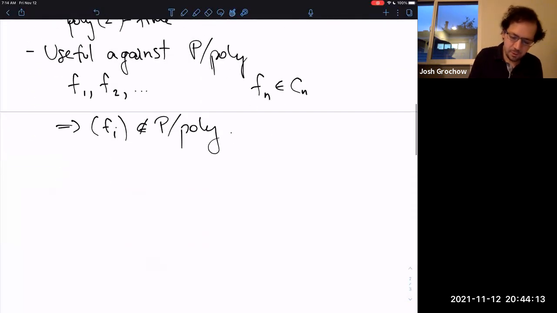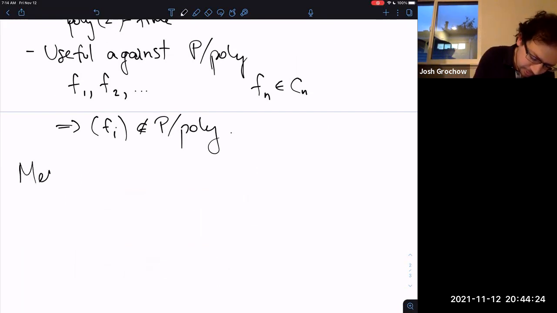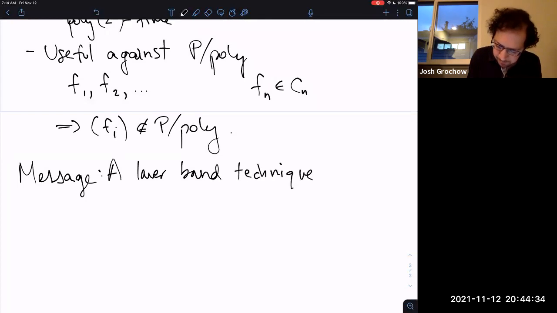So, okay, the message, and I should say this is my view. There are other people who share this view. This view is not universally accepted, but it's part of our story. So the message here was a lower bound technique really shouldn't apply directly to random functions.